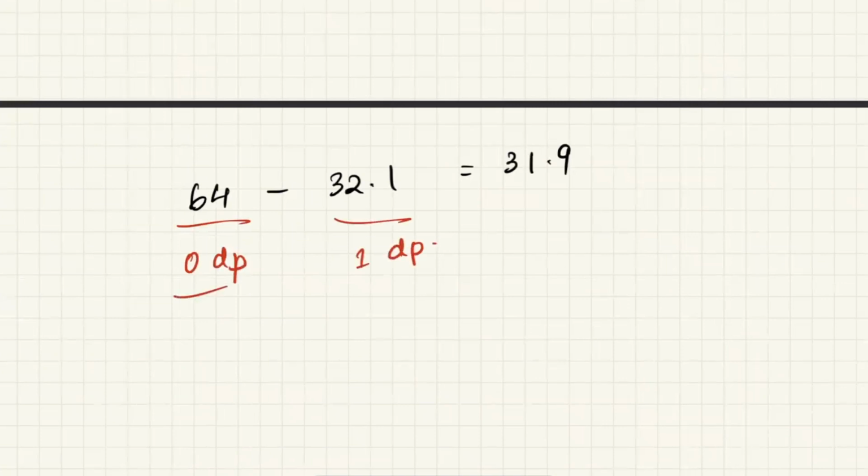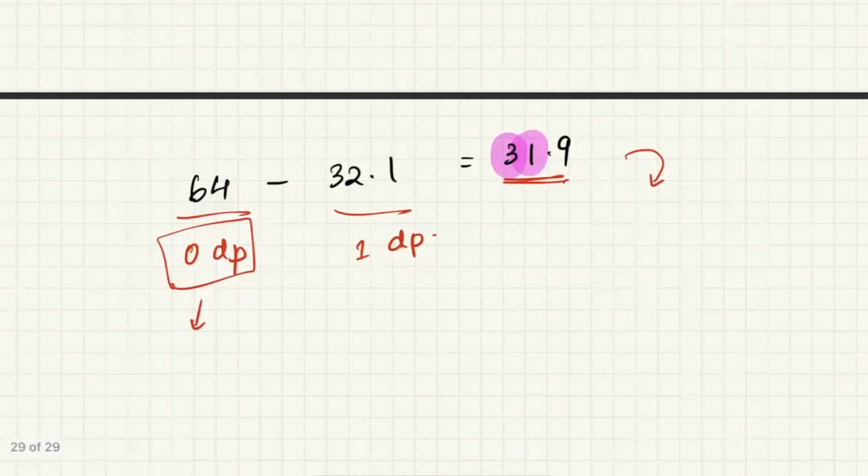Because this is 0 decimal places, your answer needs to have no decimal place. So you want to round it off to no decimal place, just until here, 1. Check the number after 1, which is 9, more than or equal to 5. So that's going to make 32.